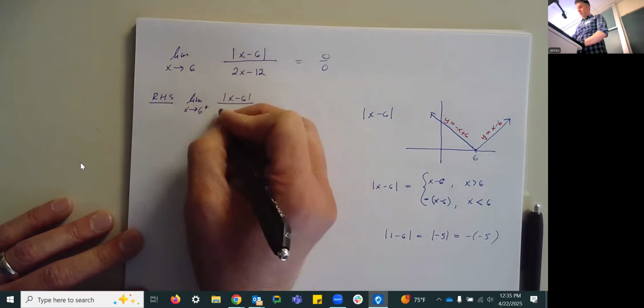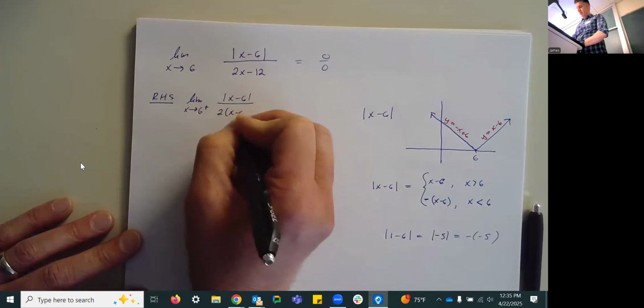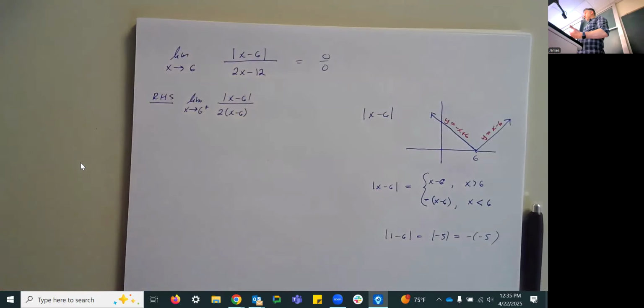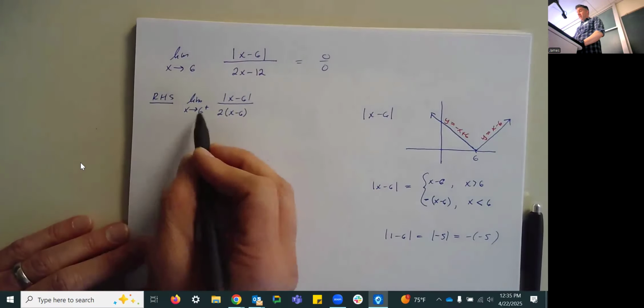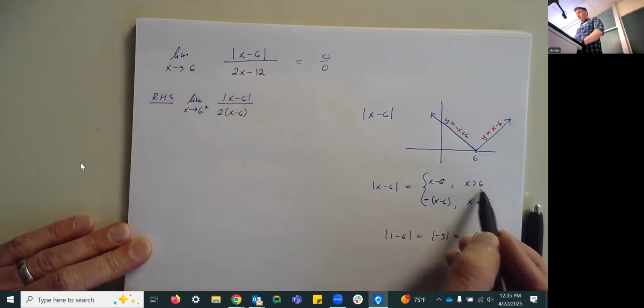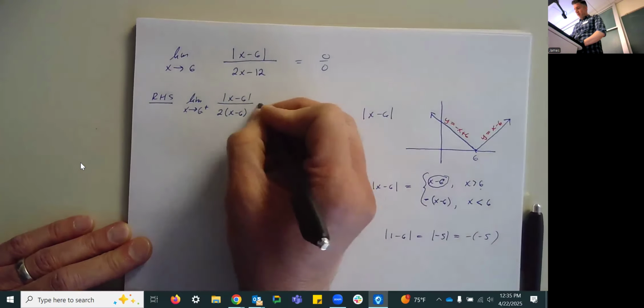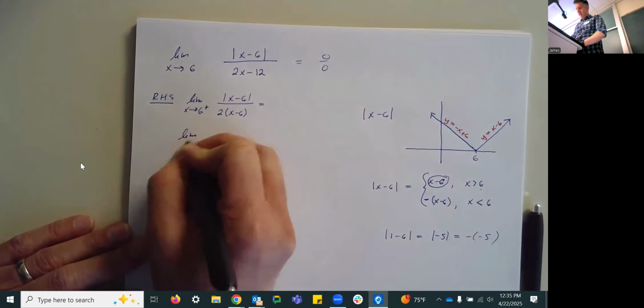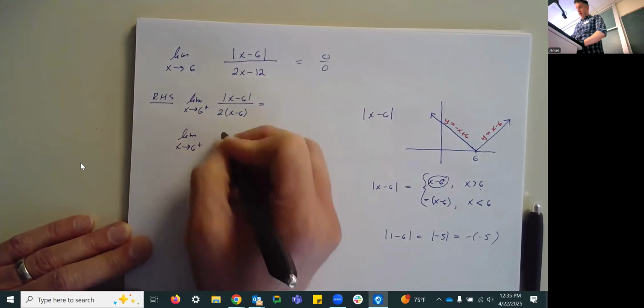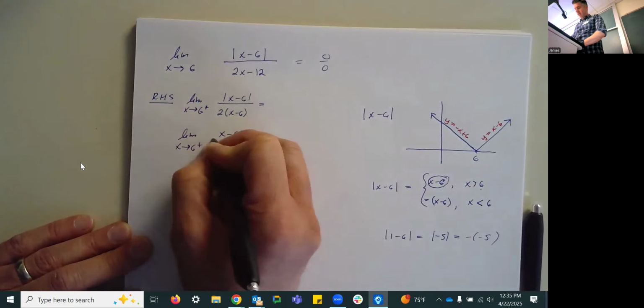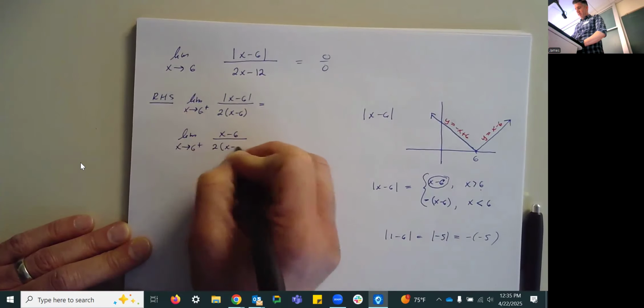Let's factor the bottom as 2 times x minus 6. We can't cancel anything yet, but now we're just going to say, oh, cool. x is bigger than 6, which means the absolute value is just equal to x minus 6. So we're going to rewrite this as the limit as x approaches 6 from the right of just plain old x minus 6 divided by 2 times x minus 6.